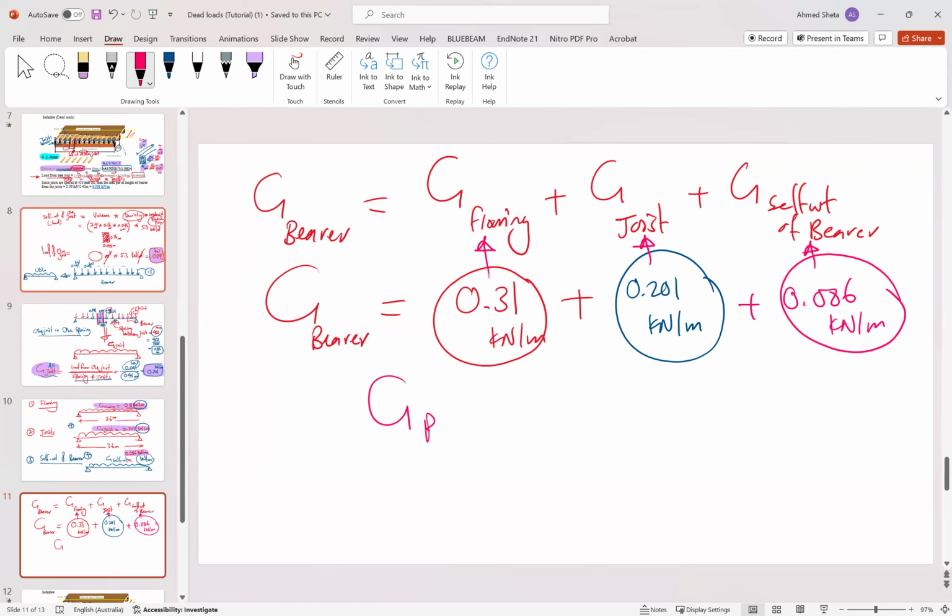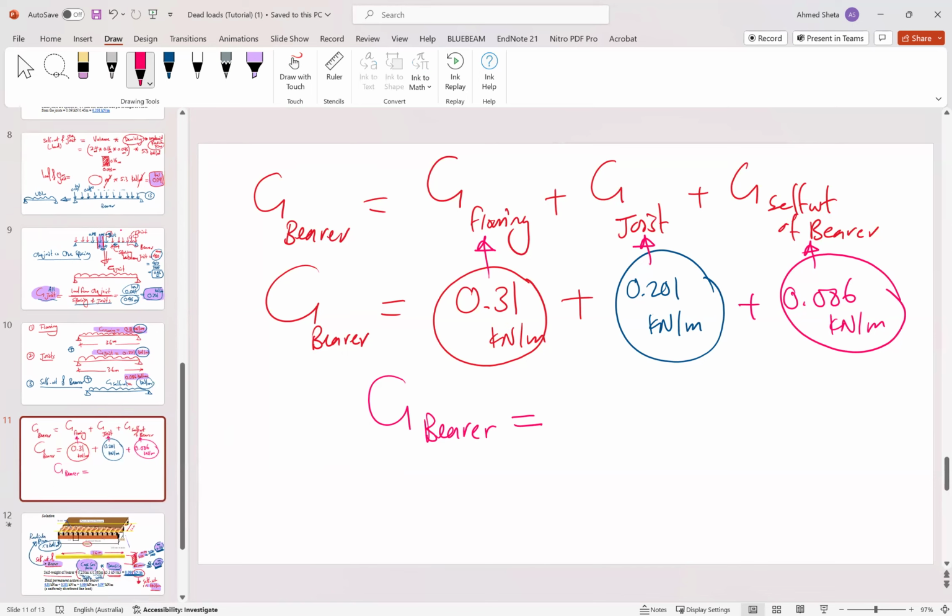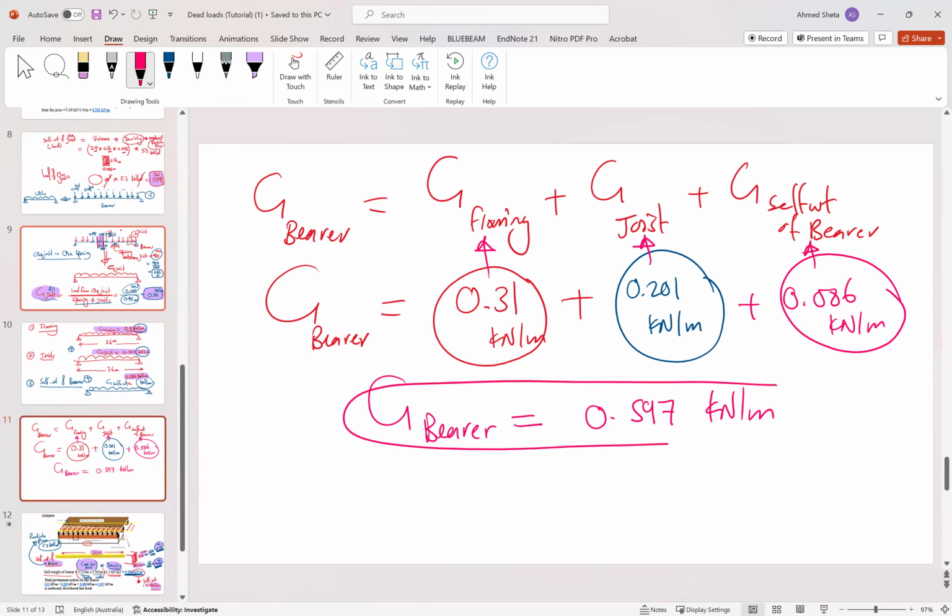So G bearer total is equal to 0.597 kilonewton per meter. This is what we are looking at, what we need. So this is the final value of the load.